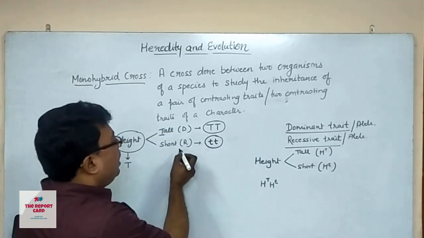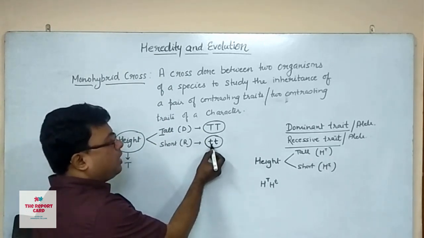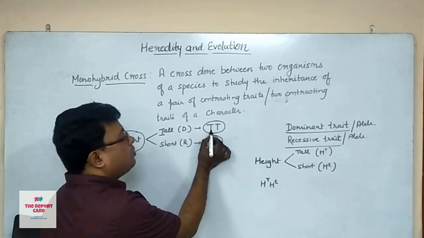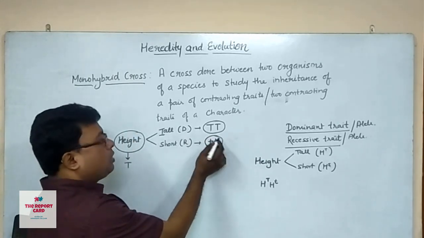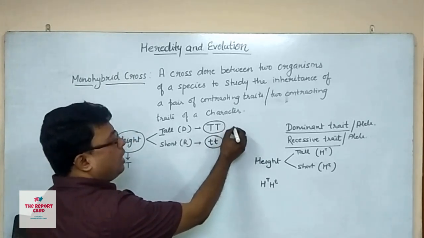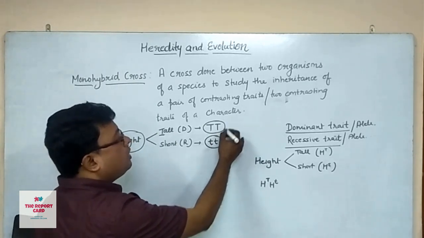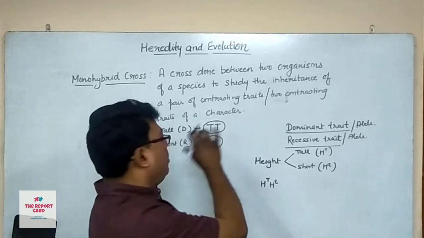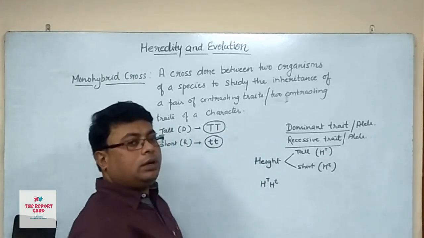It means that a recessive trait is expressed by small t and a dominant allele is expressed by capital T. Why do we use the same letter? Because it actually denotes the same character, and these are the two different traits.